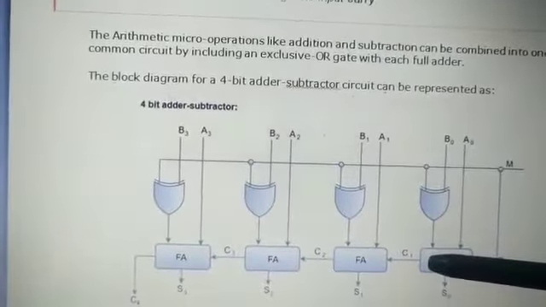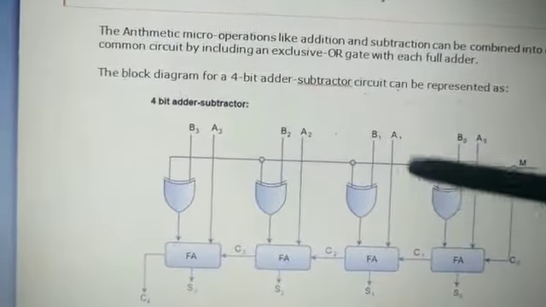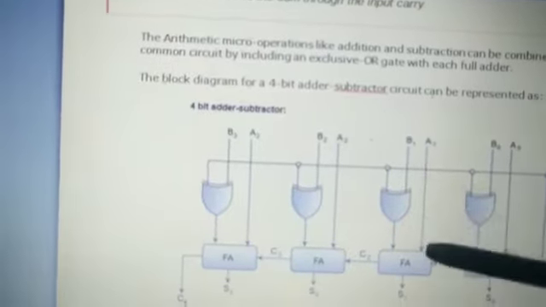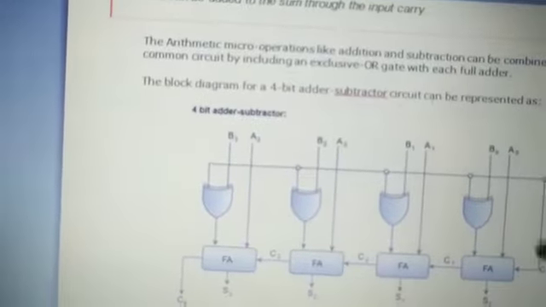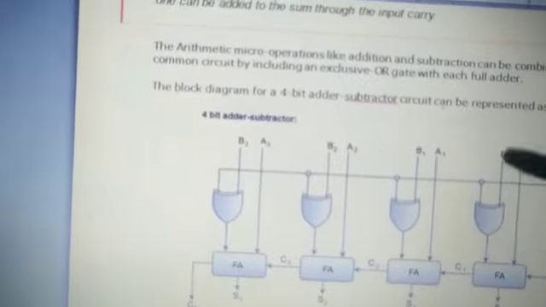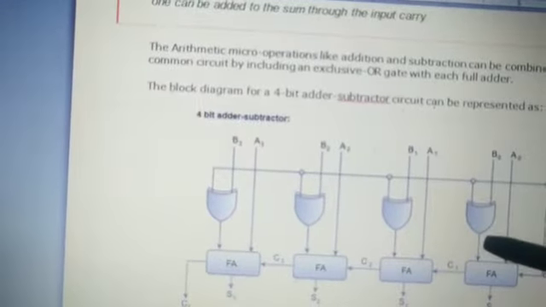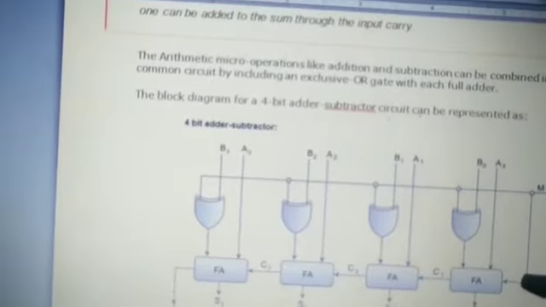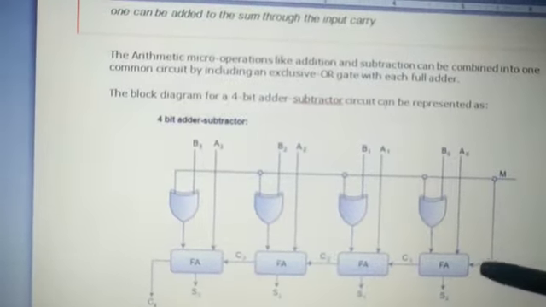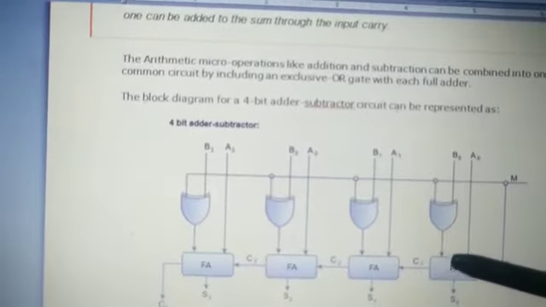So we will get the second complement of B0, B1, B2 and B3. With this second complement we are adding A0, A1, A2, A3 individually, bit by bit. The first complement of B is added with 1 that we are getting from the adder subtractor control line. So we will get the second complement.